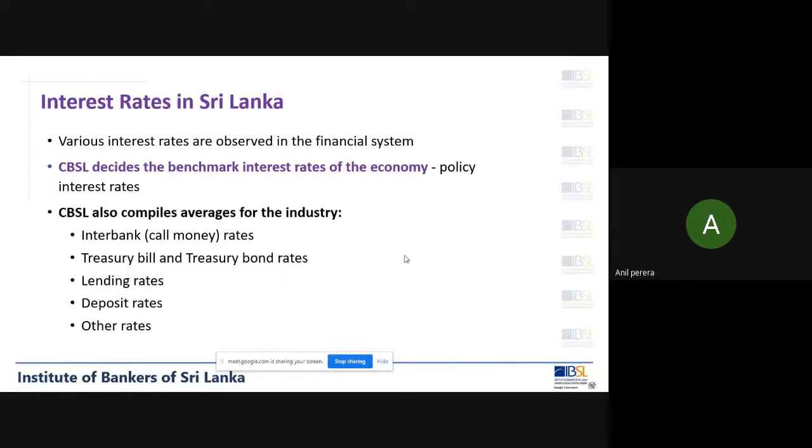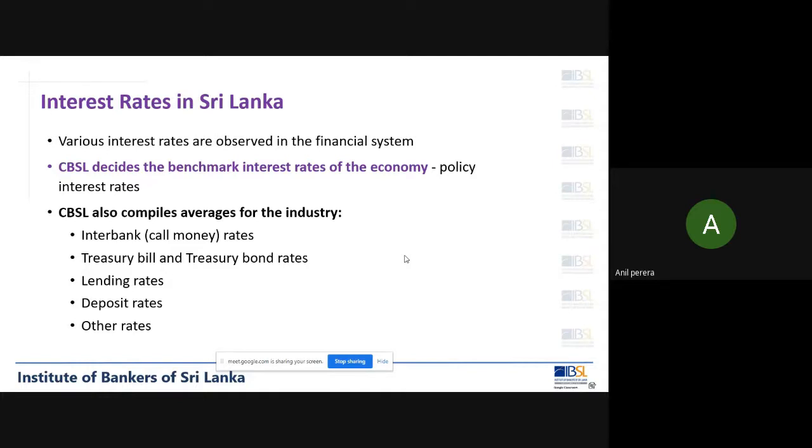And then there are some other rates operated in the market. Those market interest rates are actually monitored by the central bank, and after monitoring, the central bank calculates some of the average rates for the industry.